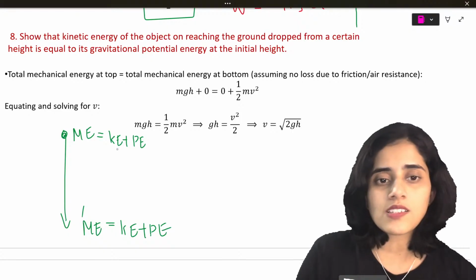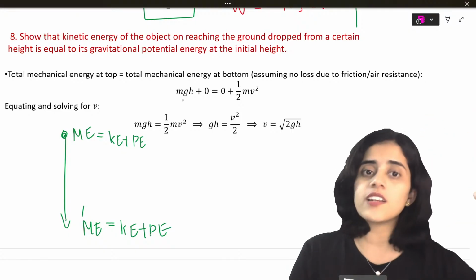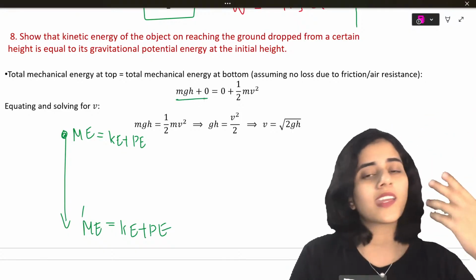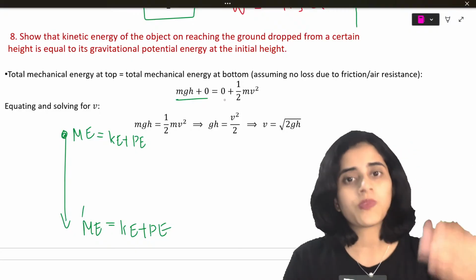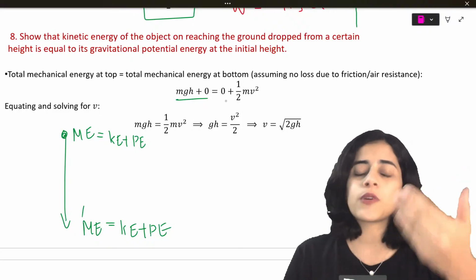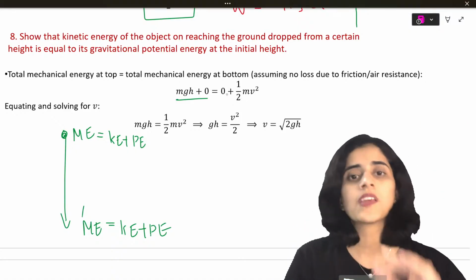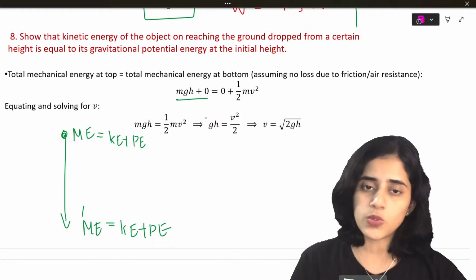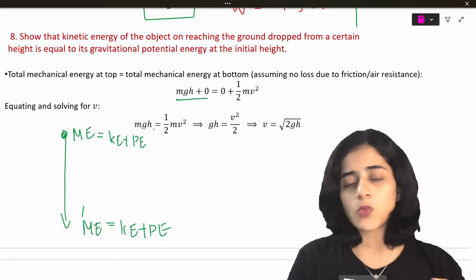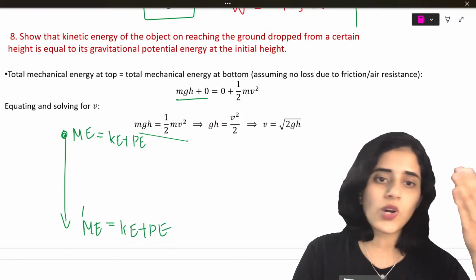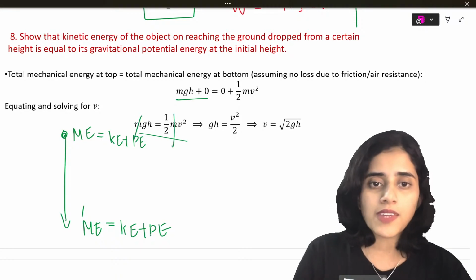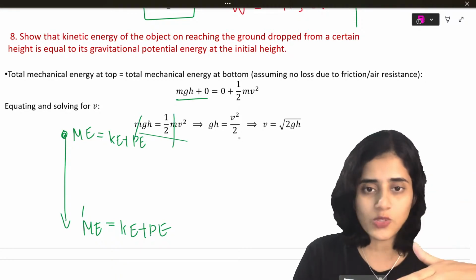So here, at the top, potential energy is very high, mgh. Kinetic energy is 0. At the bottom, all of the potential energy gets converted into kinetic energy, so it becomes 0 plus half mv square. Now when you equate it, mgh is equal to half mv square. M and m cancel, so gh is equal to v square by 2.